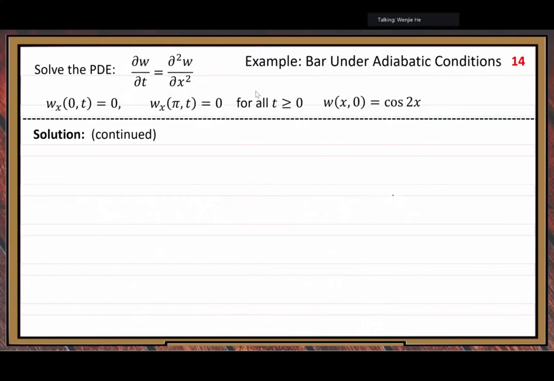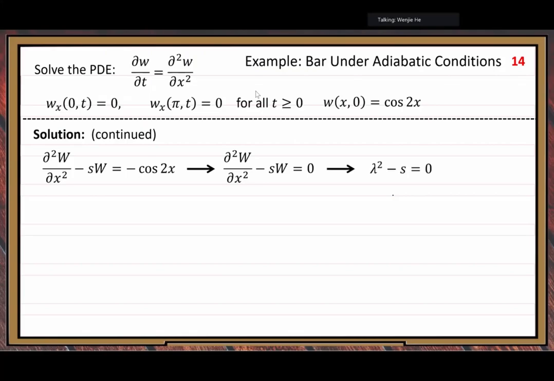Next, we need to write W_H. We look at the homogeneous version of the original equation and consider the characteristic equation: lambda squared minus the positive number S equals 0. So we have lambda 1 and lambda 2.